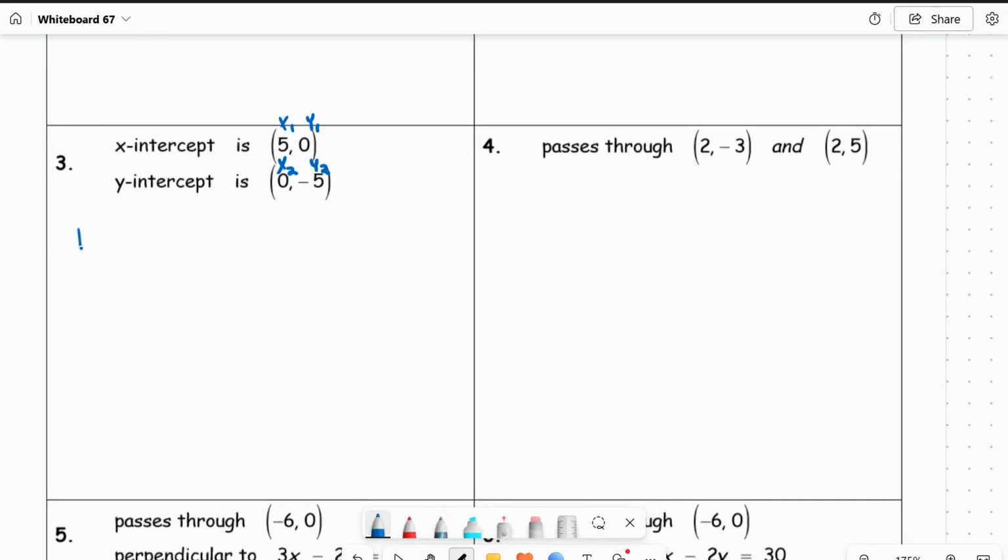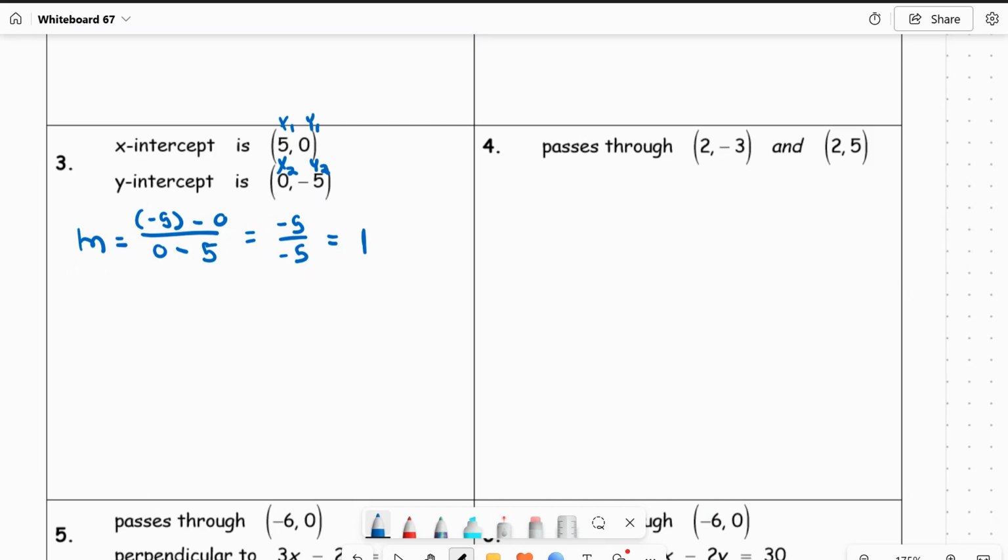So I've got m equals y2 minus y1 over x2 minus x1. Negative 5 minus 0 is negative 5. 0 minus 5 is negative 5. Any number over itself just gives you 1.